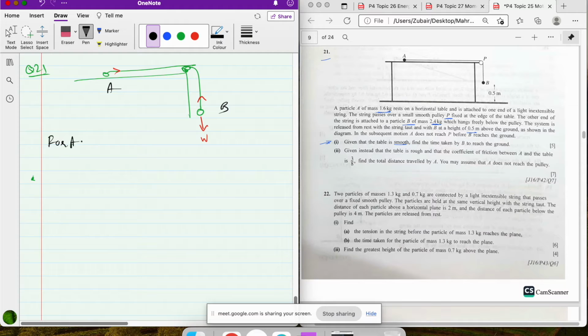For A, the equation is net force F equals MA. This is only the tension, which equals the mass, 1.6, times a.